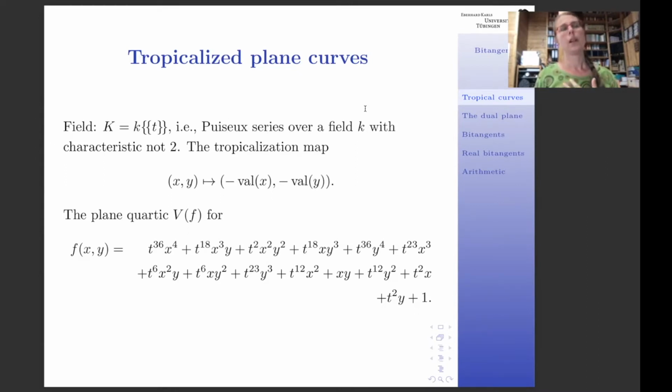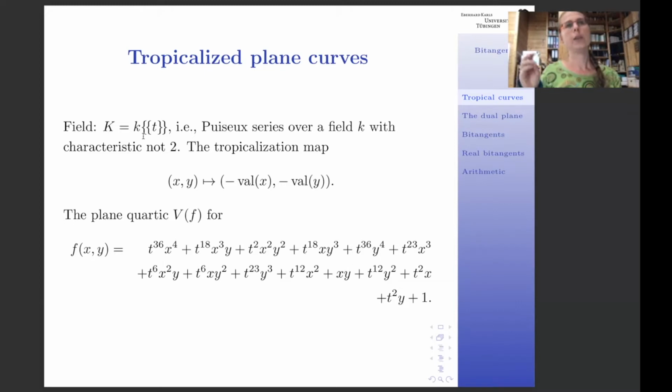We're using a special field, or in general, a field with a non-Archimedean valuation. For today, you can just think about the field of Puiseux series over some field k with characteristic not equal to 2. So what's a Puiseux series? It's just like a power series, only the exponents that I allow can also be rational numbers.